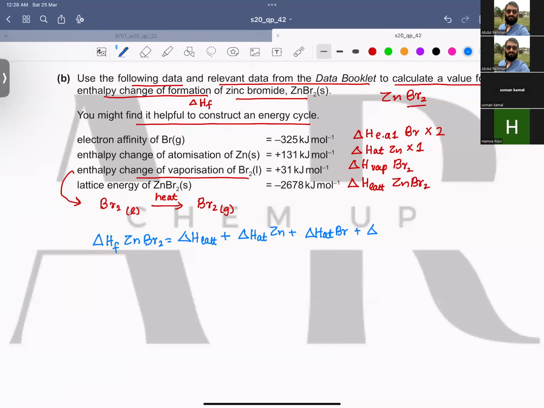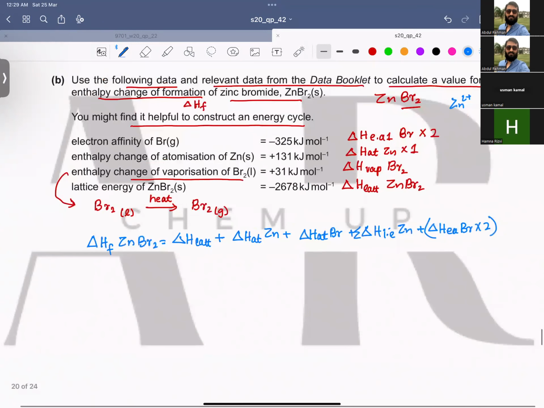Then we need the ionization energies of zinc because zinc is 2 positive over here. So we need first and second ionization energy of zinc, and then we need the electron affinity for bromine, which must be times 2 because there are two bromine atoms. जी ये एक्सप्रेशन पहले बता दें, सबको क्लियर है? अगर किसी को इस एक्सप्रेशन में कोई प्रॉब्लम है तो प्लीज पूछें.